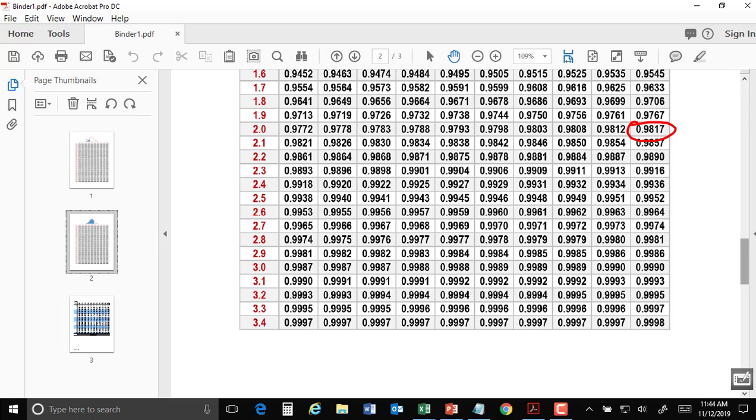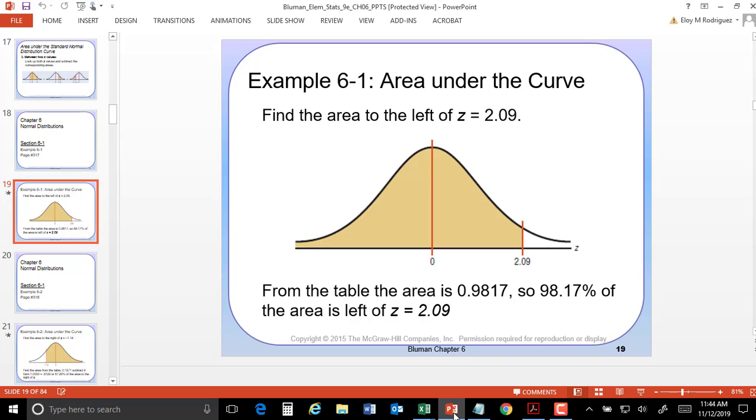So all I have to do is go back, and you can see that the answer is right here. It's going to be 0.9817, or 98% chance. Very easy. The harder part is translating from x scores to z scores, from the x random variable to z.